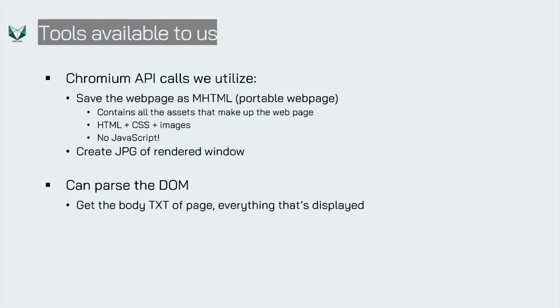We also get a JPEG of the rendered window, so we can basically see what it looked like, right? And we can parse the DOM. Now the DOM is the document object model, which is basically the page, or the document. And so we can parse that entire thing and we can get the text from it.